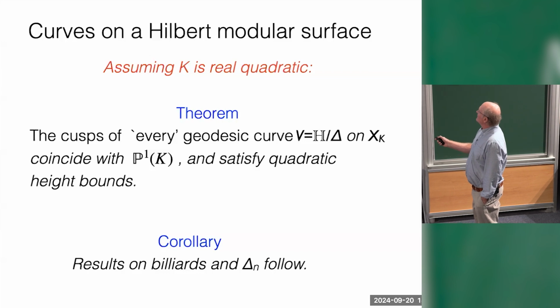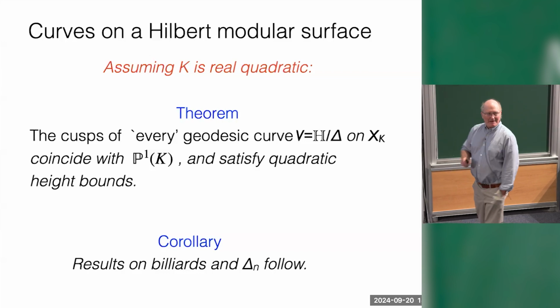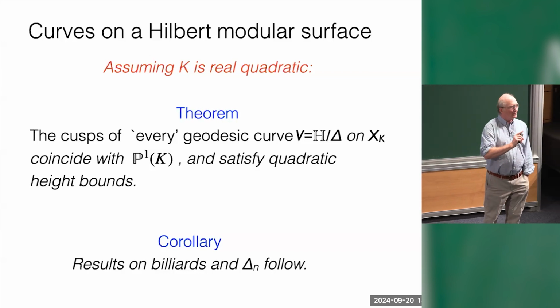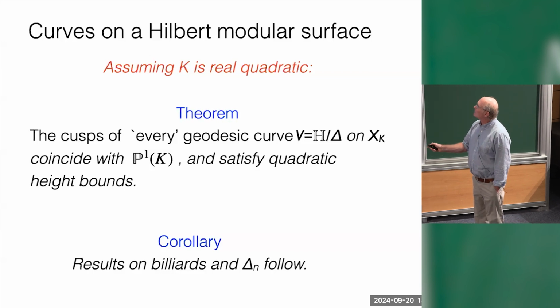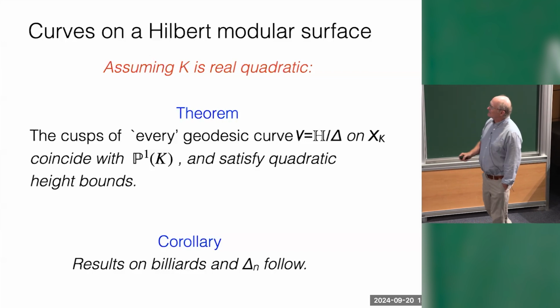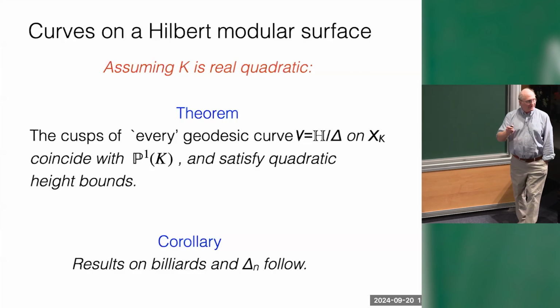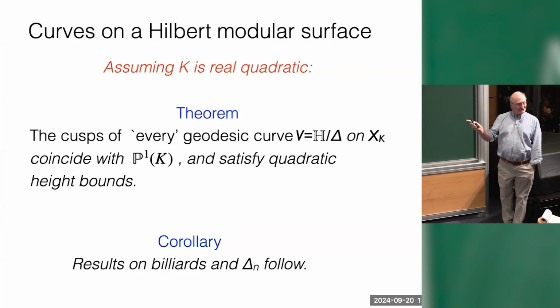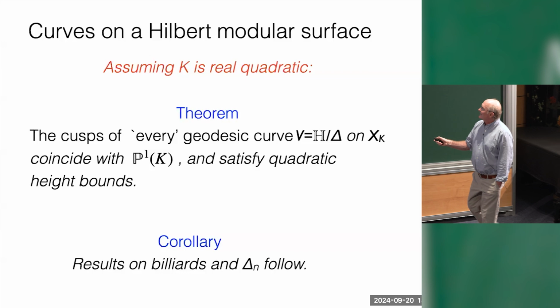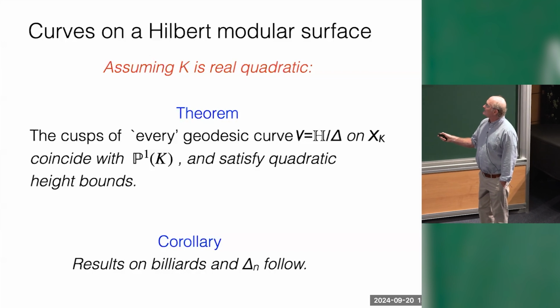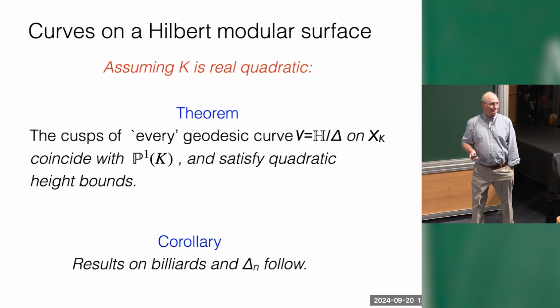Oh, so nothing. To start out with, there's no connection between delta and k, but there's this word geodesic here. So remember, this curve has to be geodesically embedded from one space to the other, and that implies that delta can be realized as a subgroup of SL2OK.